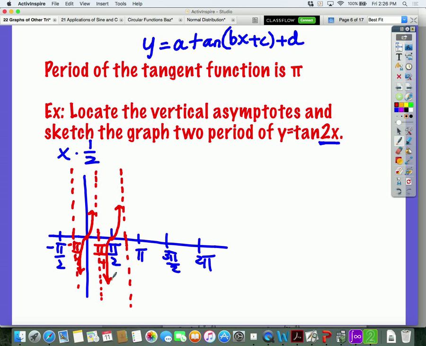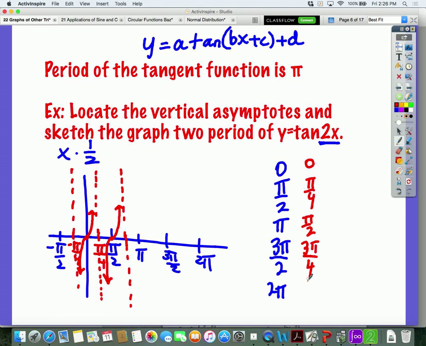So all those x values are going to get multiplied by 1/2. So that's 0, pi over 4, pi over 2, 3 pi over 4, and pi. My y's: 0, undefined, 0, undefined.